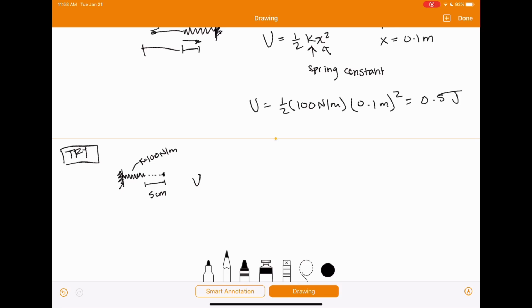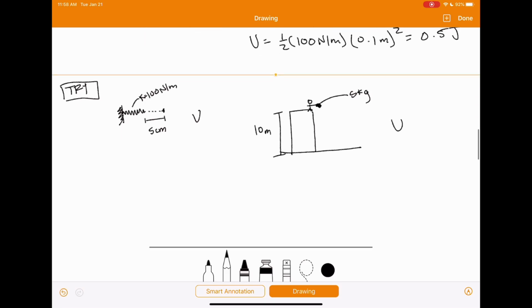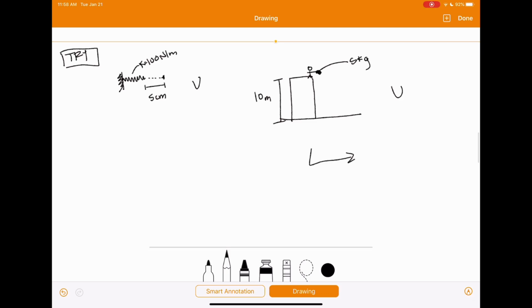And then also, if you had a 10-meter building, and a 5-kilogram ball that was hanging over the edge, what would the potential energy of that be? All right, pause the video, work those out, check your solution with number 3 on the PDF.